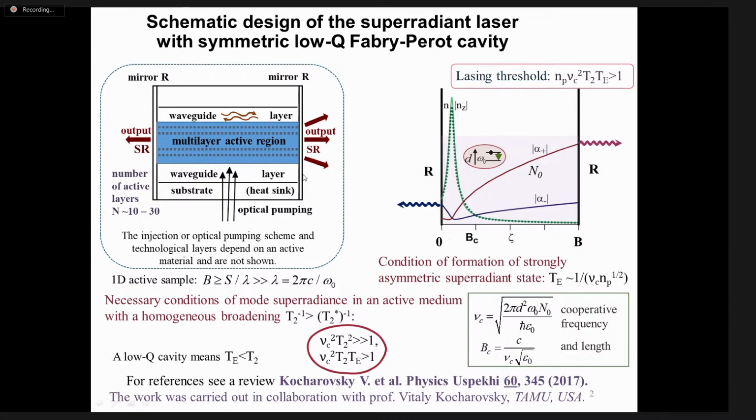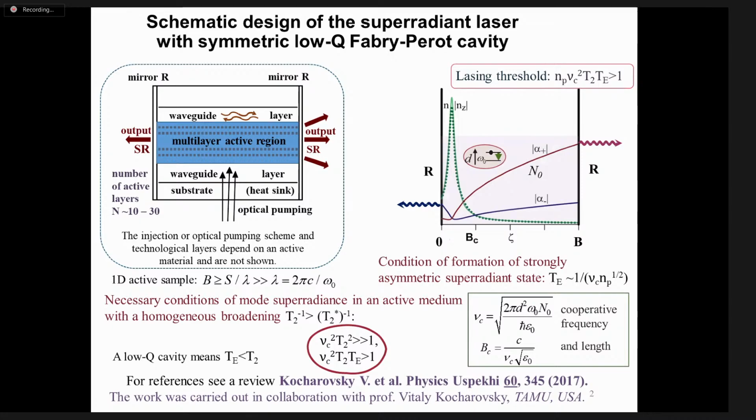But this lasing is specific because the main part of the process is owing to the dynamics of polarization itself, because it decays weakly as compared to the electromagnetic field in a low-Q cavity.